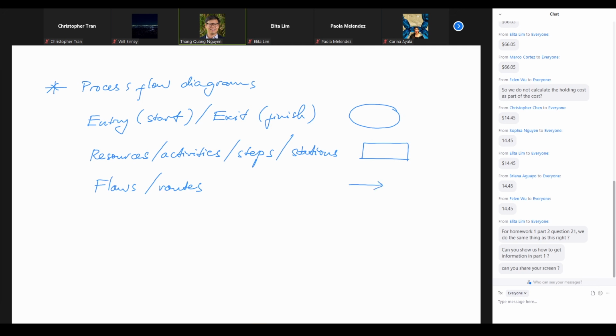And finally, for the wait time, buffer, transit time, queues, or lines, we would use a triangle to denote all of these elements in the process. Okay, so that's the convention. And next time we would work on an example to show it.